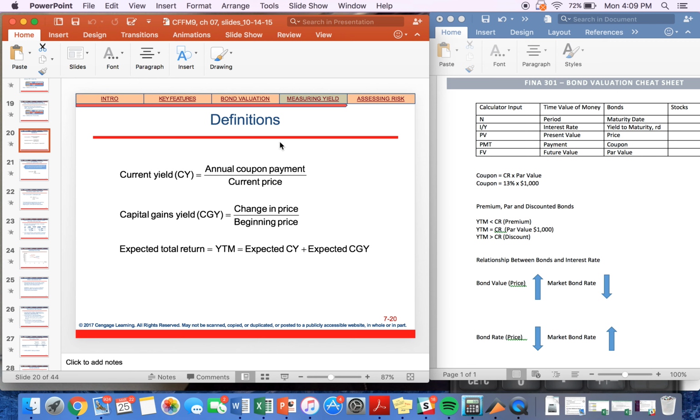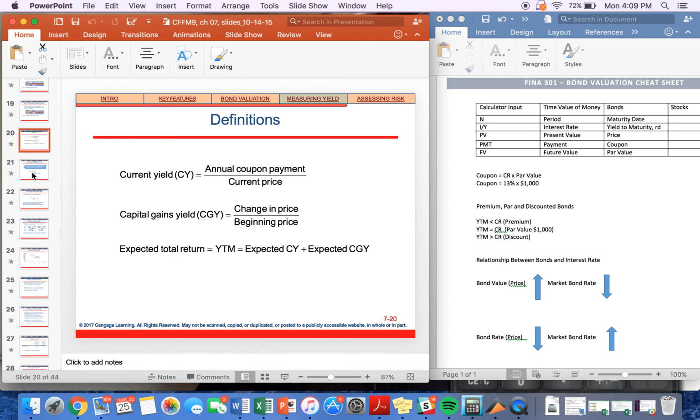So in this slide, they break that out for you. They say your current yield is your annual coupon payment divided by your current price, and your capital gains yield is the change in price divided by the beginning price. So essentially, this is kind of that plug and play algebra. You could solve for any one of these factors in here as long as you had the other two factors, okay? And these are homework problems. And so we can work through some of these.